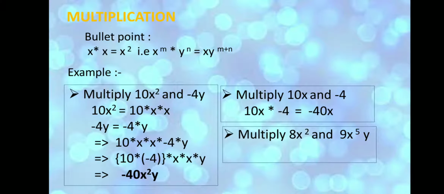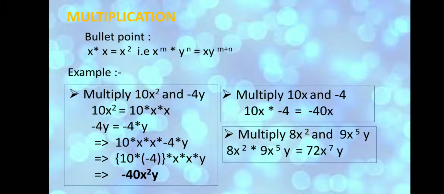Now let's take another example. If you have to multiply 8x square and 9x power 5y, how will you do it? You'll take the constant number at a place and variables at the other. So first you will multiply 9 into 8, which will give you 72, and you have x square into x power 5.